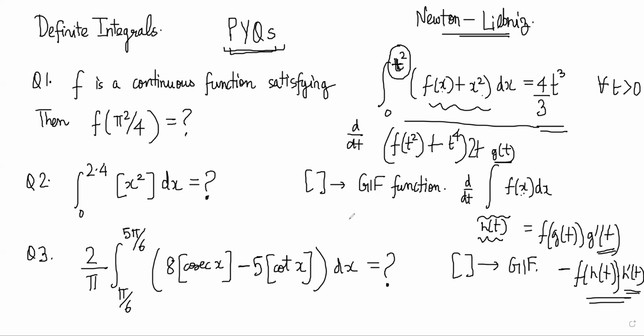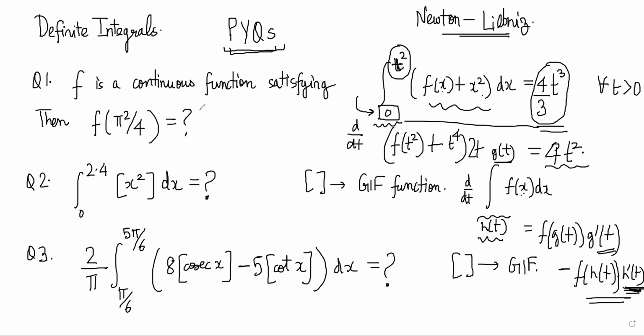Yes, sir. The second term will be 0 because the lower limit is a constant, so its derivative will be 0, so that will not be there. So this should be equal to the derivative of the right side, which is 4t square.